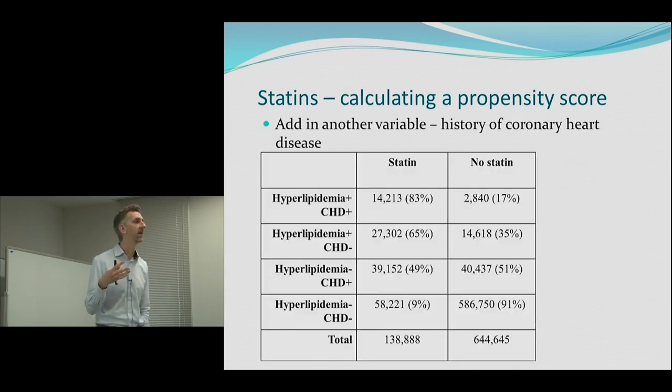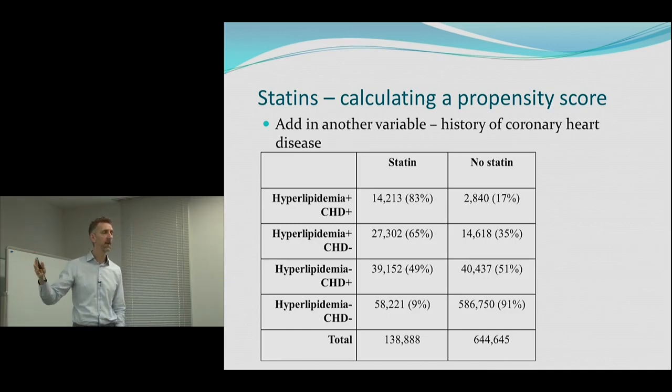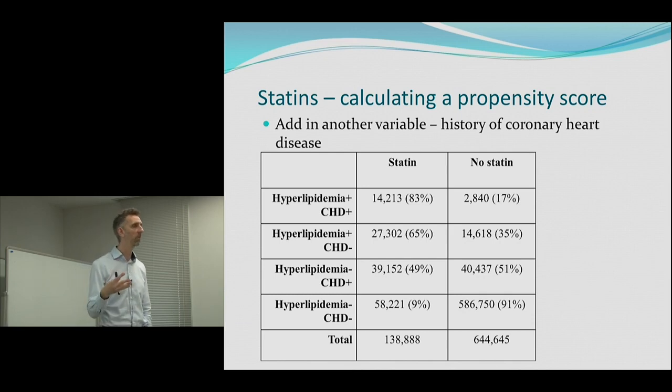Of course, that's not the case, and there are other things that would influence the risk of being prescribed a statin. So the second one, you may imagine, that would influence the chance of having a statin is a history of coronary heart disease. So again, we would hope that people who've got this history might be prescribed a statin. So here I've broken the data down into 4 strata.